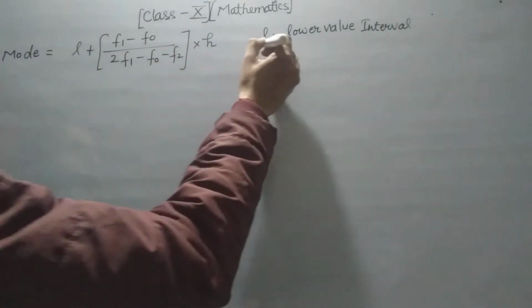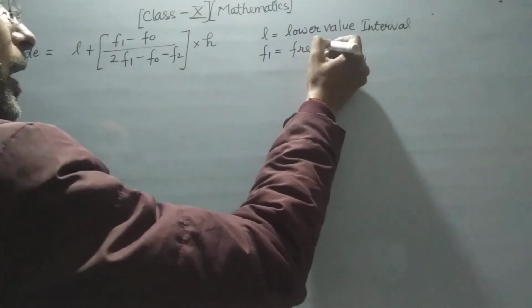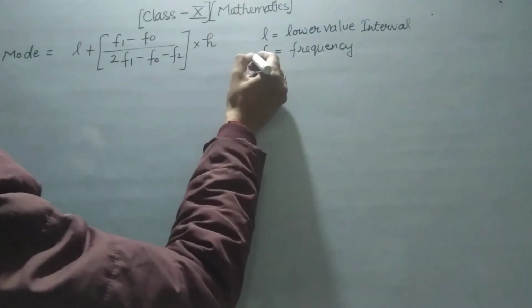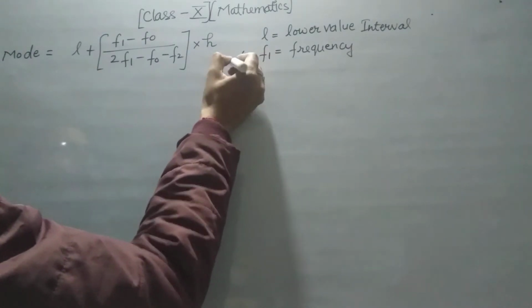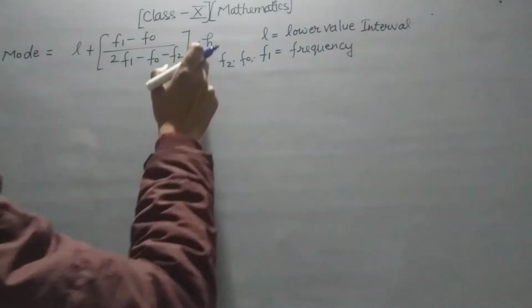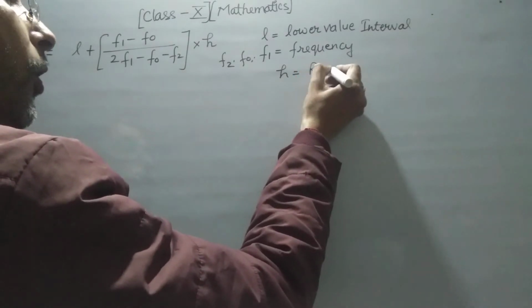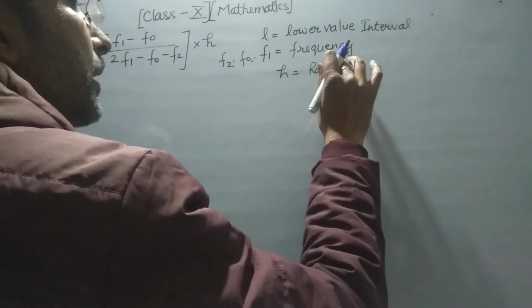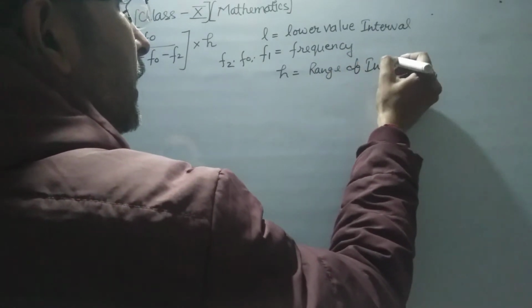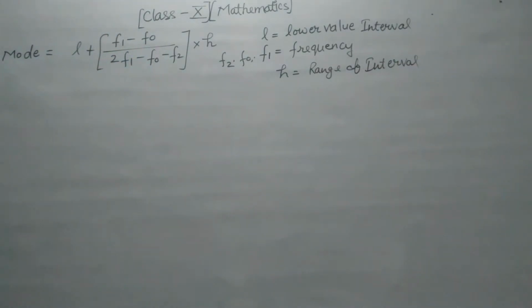Now F1 is the frequency, and the others are F0 and F2. These are all frequencies. And H is the range of the interval. You have to know these things, and then find the mode.